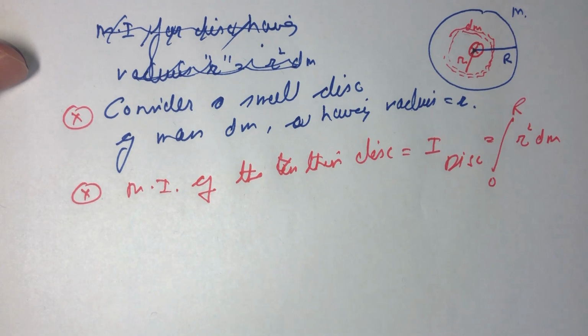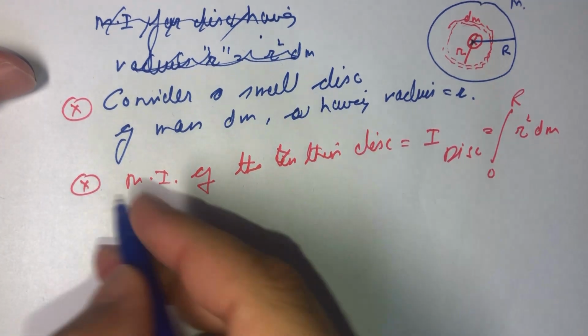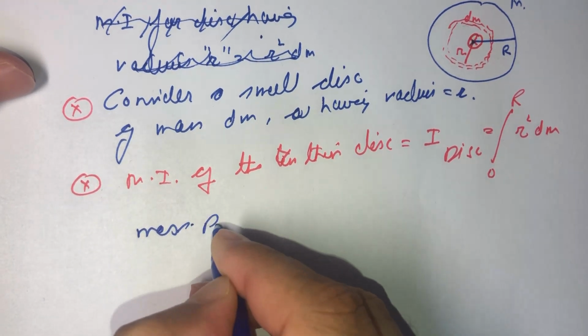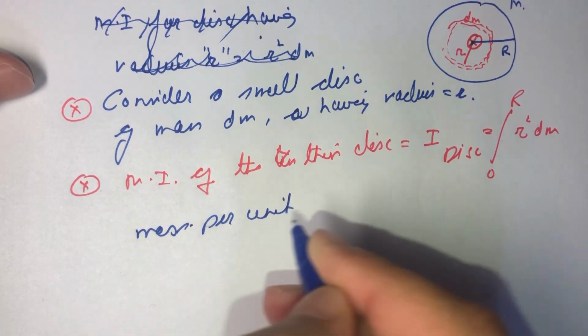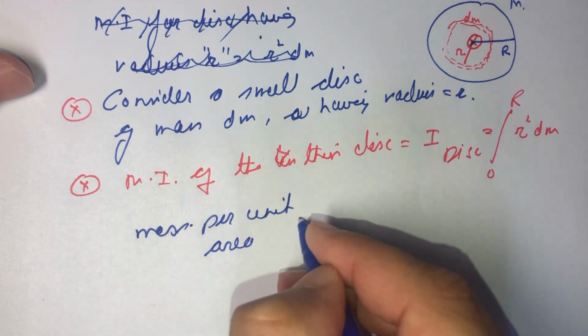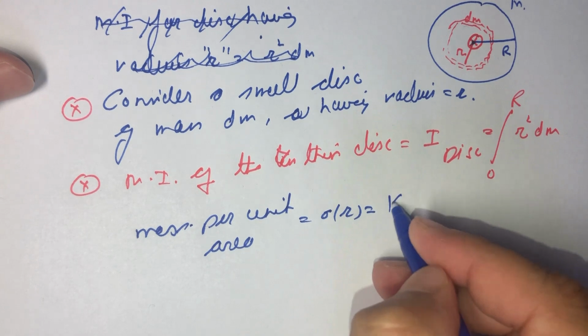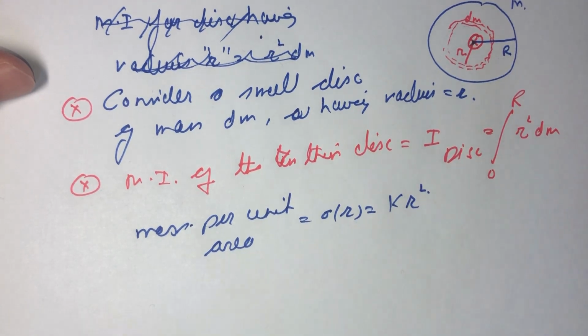Now in the question it is given that mass per unit area, which is equal to sigma r is equal to kr square.